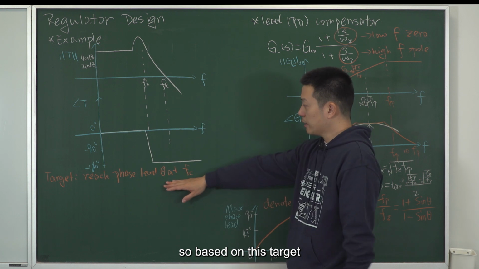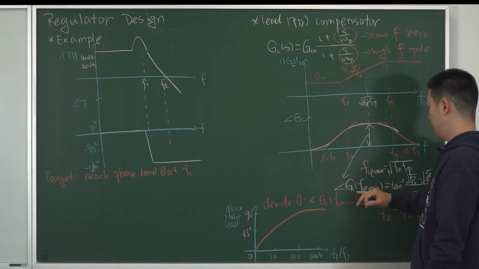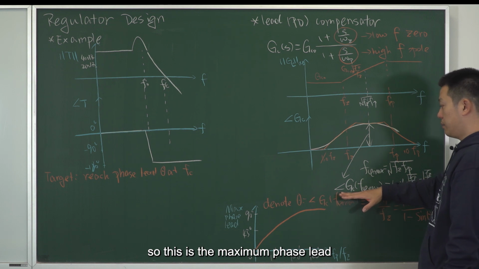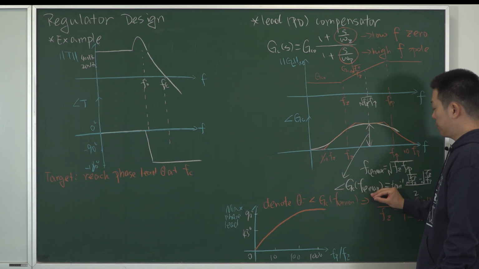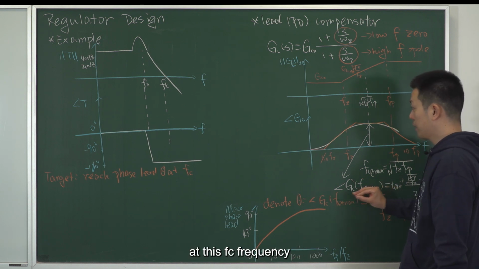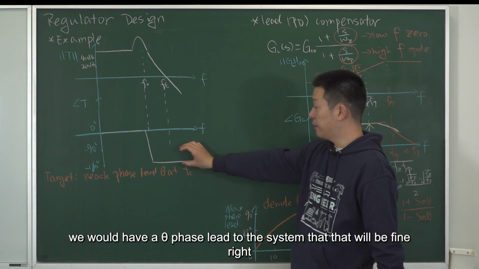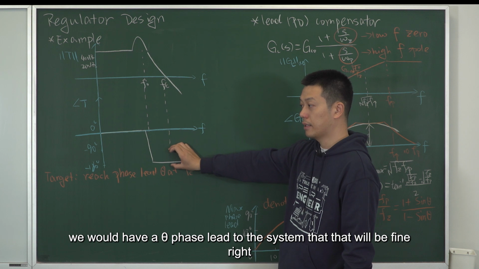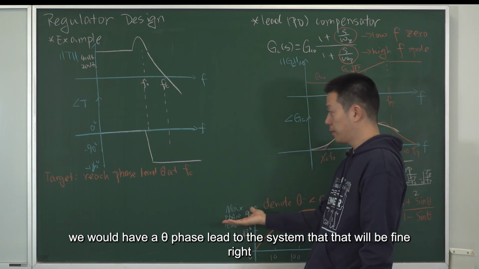So based on this target, we can use the PD compensator as we previously analyzed, right? So this is the maximum phase lead. We just need to properly design the PD compensator to ensure that at this Fc frequency, we would have a theta phase lead to the system. That will be fine, right?